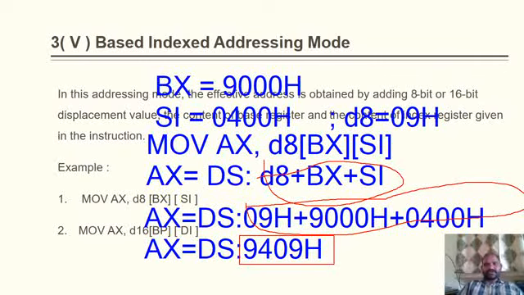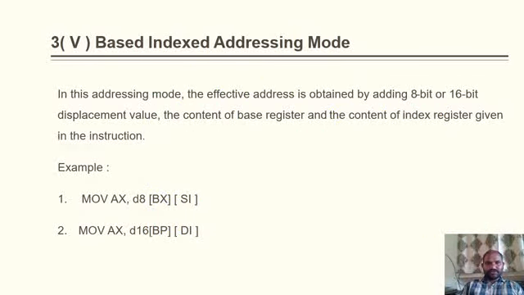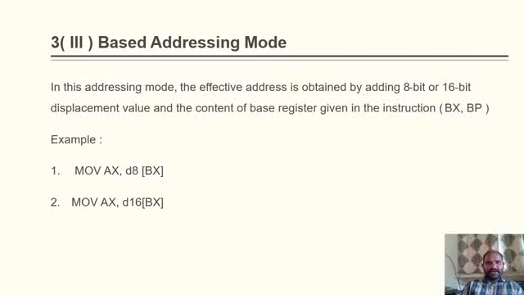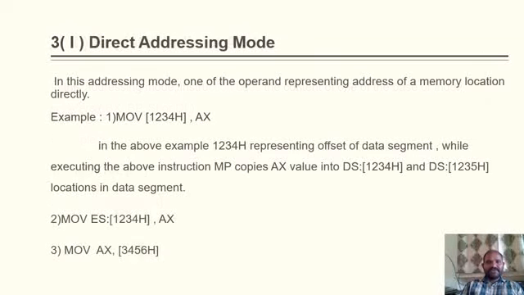So this is all about the based index addressing mode of operation. In memory addressing modes, let us go back a while. We have the direct addressing mode, where one of the operands specifies the memory location directly as part of the instruction. If an operand is a numerical value within square brackets, it is direct addressing mode.